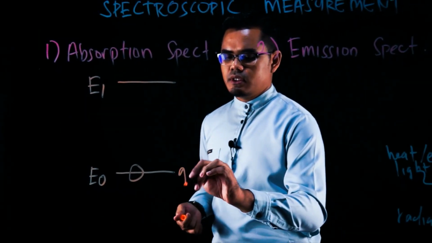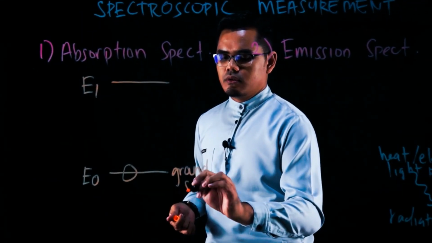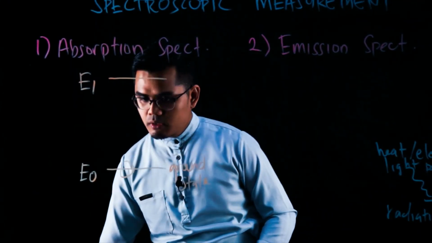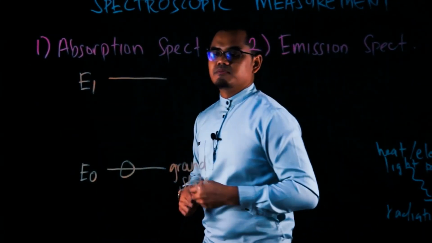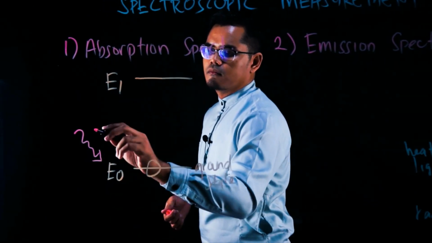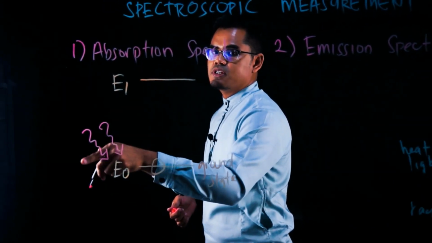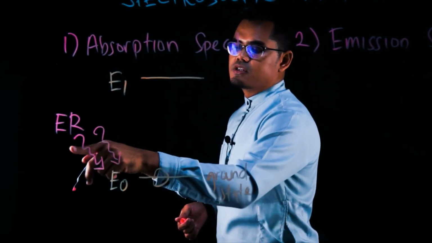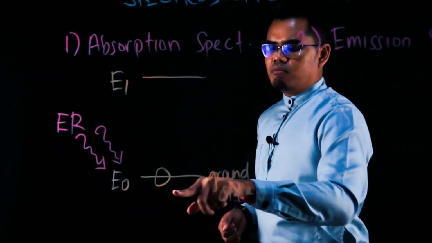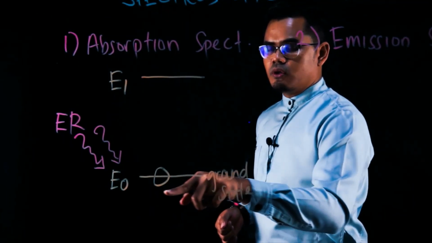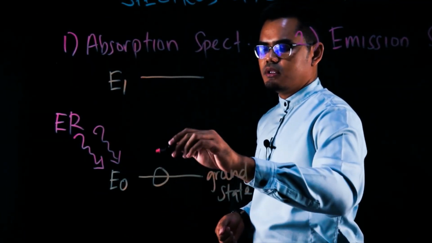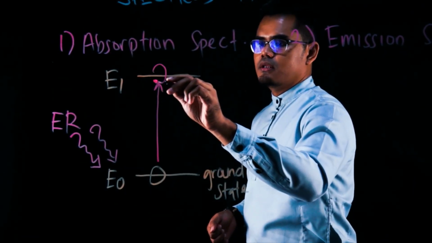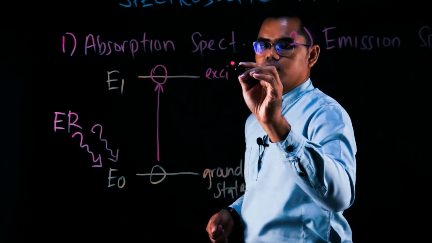So this is the ground state. Then the stimulus, for example electromagnetic radiation, or ER, causes some of the analyte species to undergo transition from the ground state to a higher energy state, or excited state. So this is the excited state.